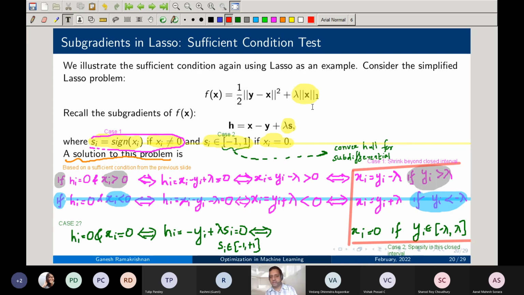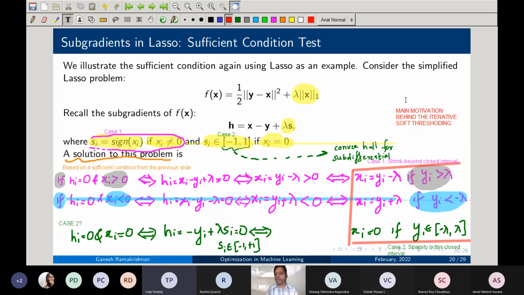This is a good point. However, I must tell you that we have not yet evolved an algorithm. Tulip, I think you made a good observation. This is the main motivation behind the iterative soft thresholding algorithm. But we still don't have an algorithm.